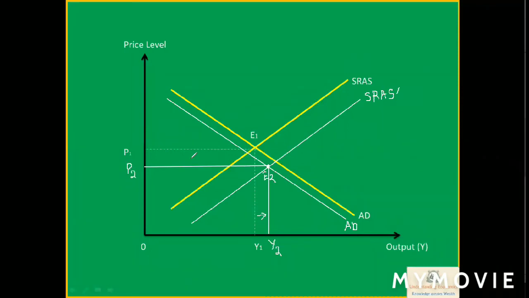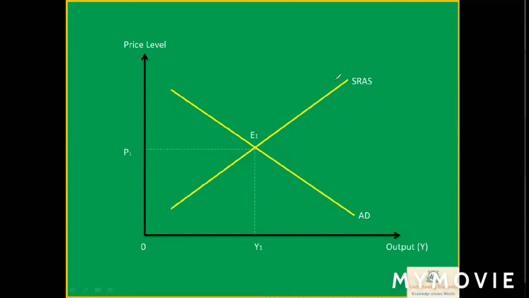So our new price level is lower than our initial level of price. So that is what happened if the change in the aggregate supply is higher than the decline in the aggregate demand.